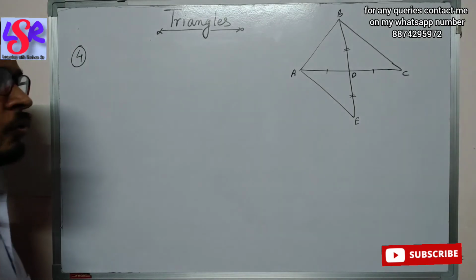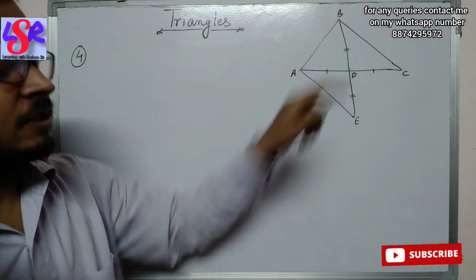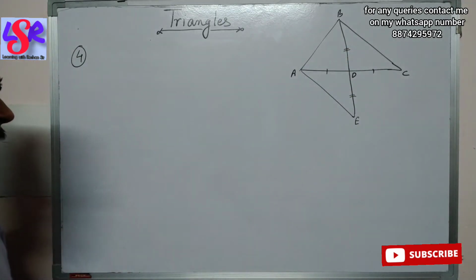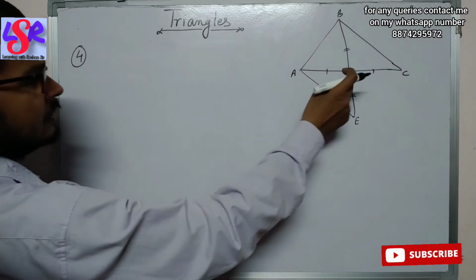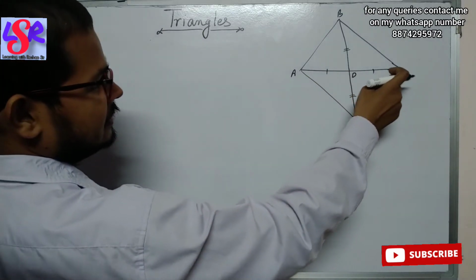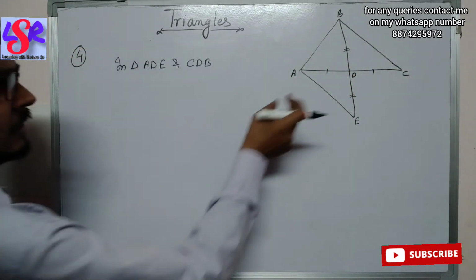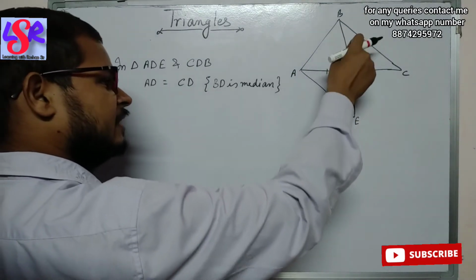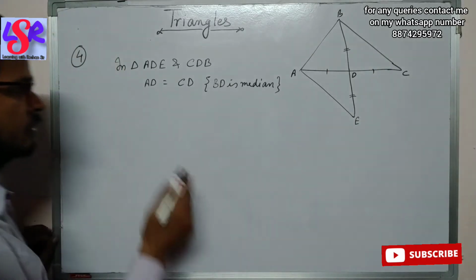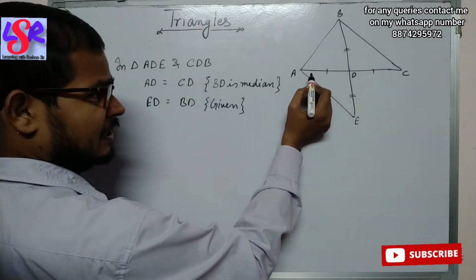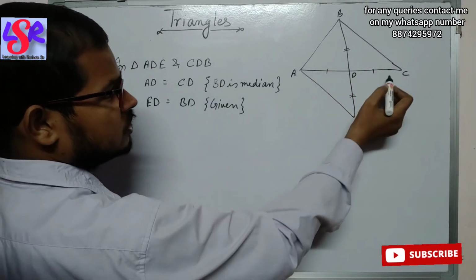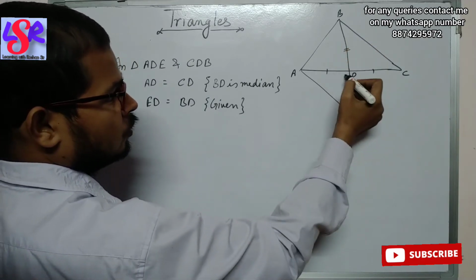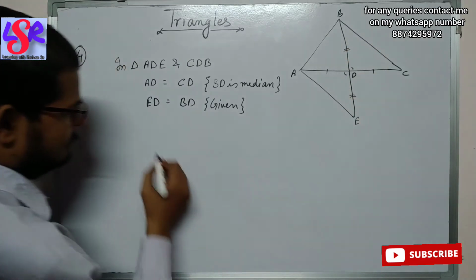Now for this we are going to prove these two triangles congruent. So in triangle ADE and triangle CDB, AD equals CD as BD is the median, and BD equals ED, given to us. Then angle ADE equals angle CDB, vertically opposite angles.